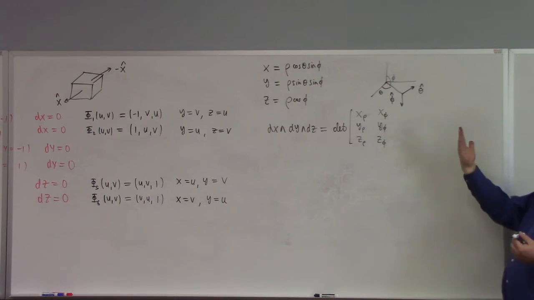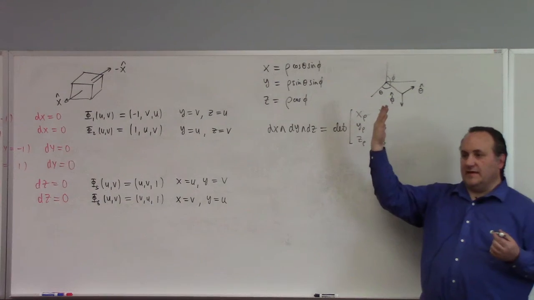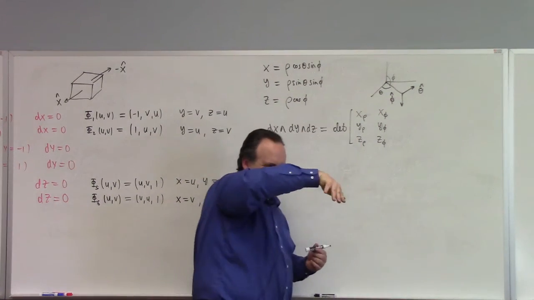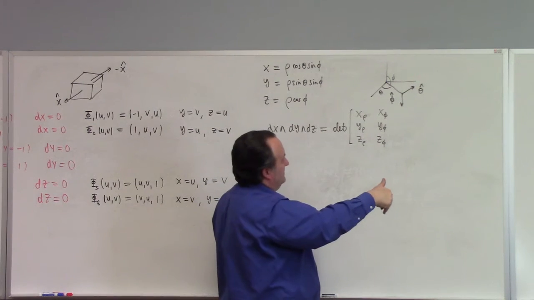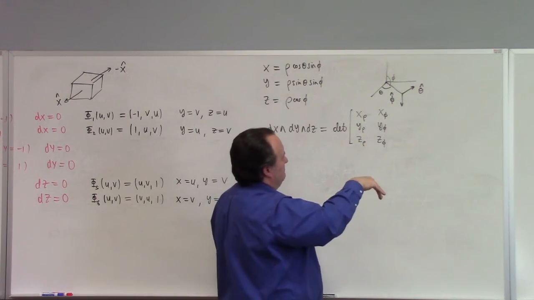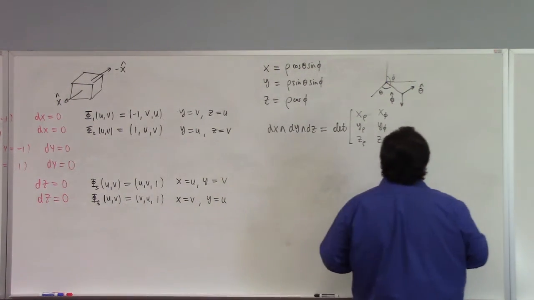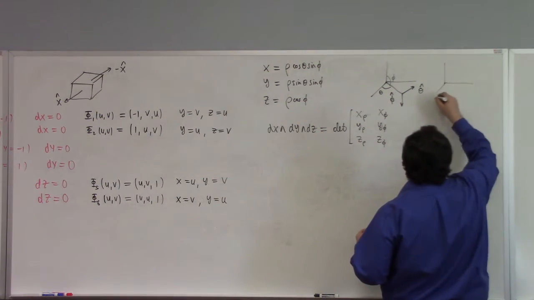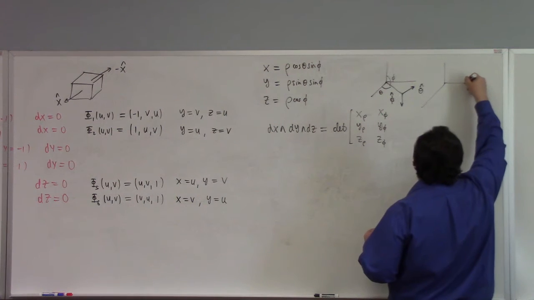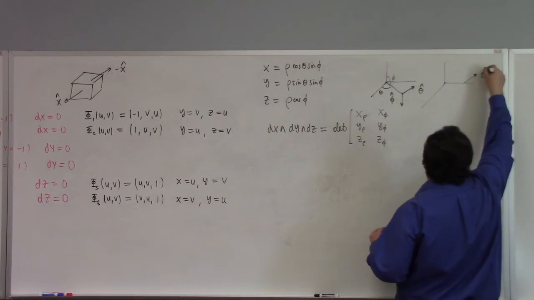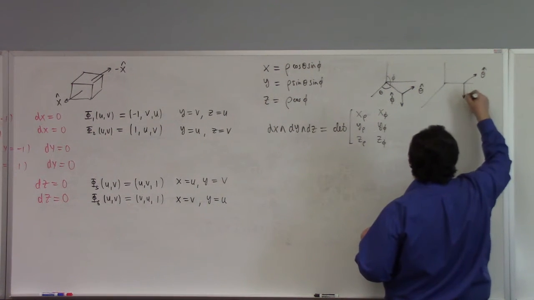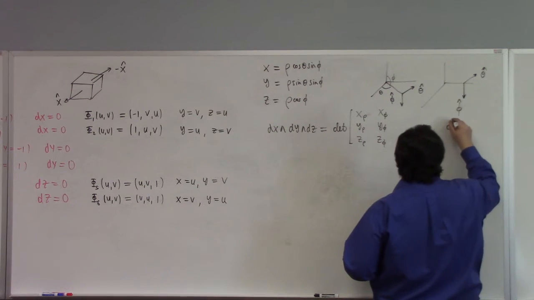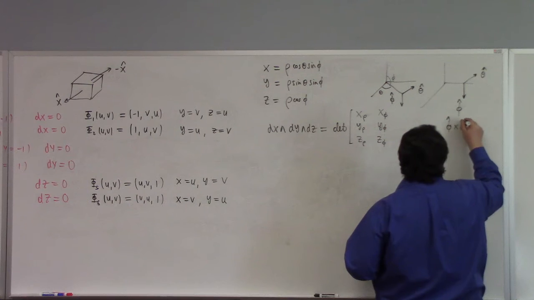If I take phi hat and I cross it into theta hat, try again. So theta hat would go directly back here. Phi hat would go directly down here. Where would phi hat cross theta hat go?